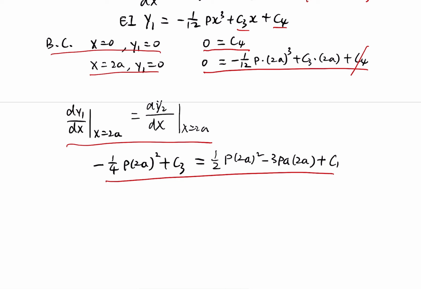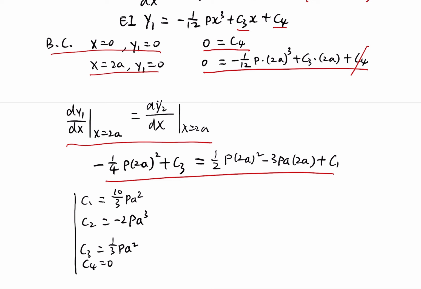So we know C4 equals 0, C3 can be calculated as 1 over 3 pa squared, and C1 is 10 over 3 pa squared, and C2 is equal to minus 2pa cubed. Okay, C1, C2, C3, C4.